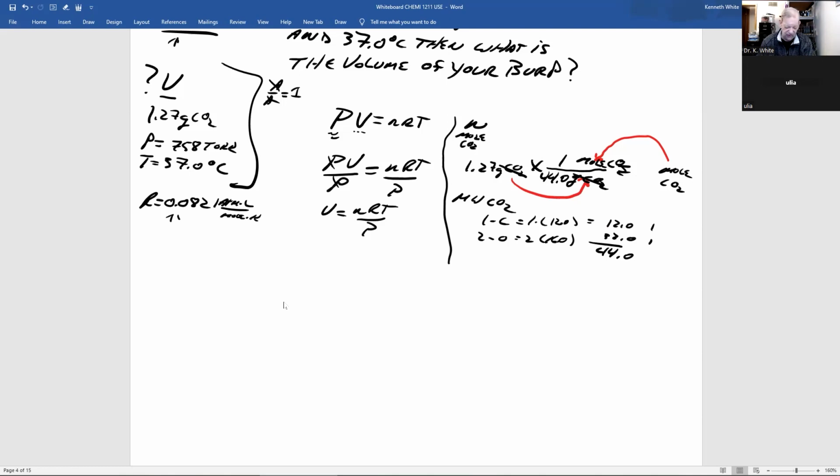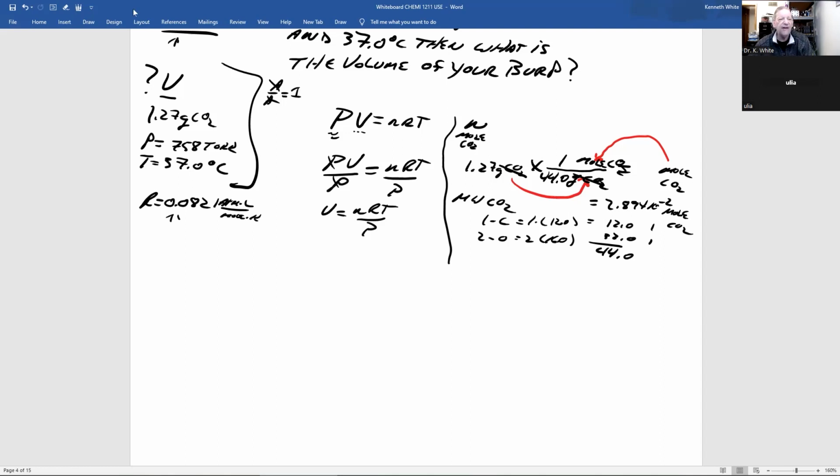We're left with moles of CO2. So now 1.27 divided by 44.0. And my calculator gives me, and I'm going to round it off for you because we got a lot of work to do, that would be 2.29.